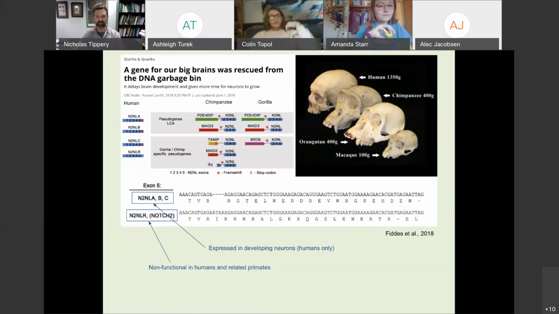And this was an interesting study where it's basically a mutation that turned a gene back on that caused this to be an important component to why we have our big human brains.